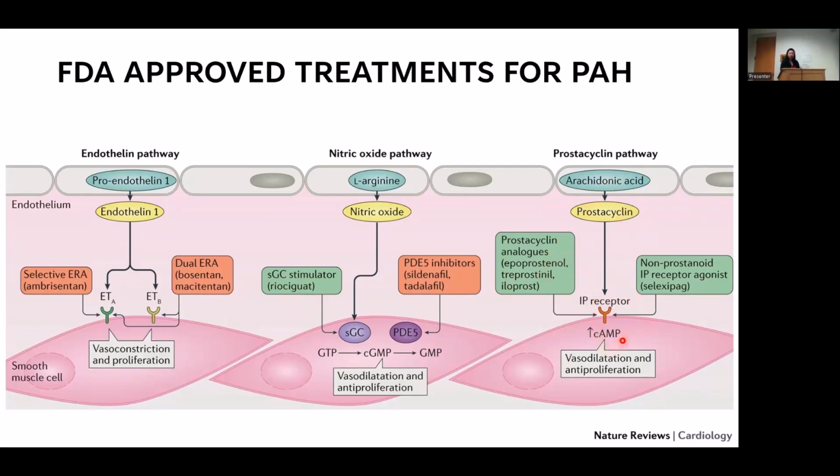And this leads directly to increase in cyclic AMP, leading to vasodilation and antiproliferation.